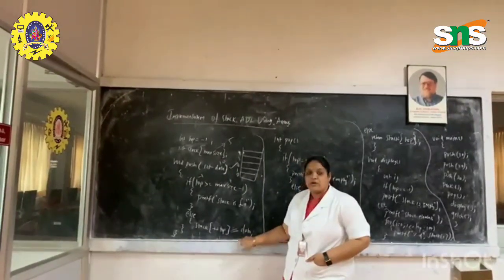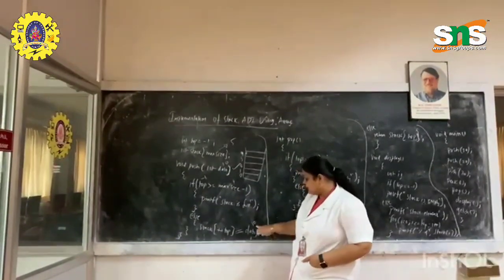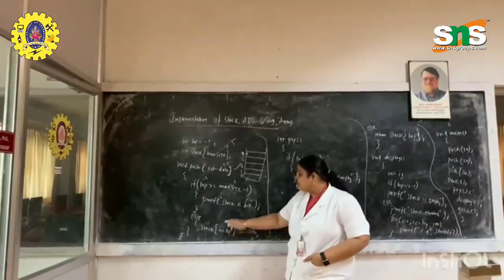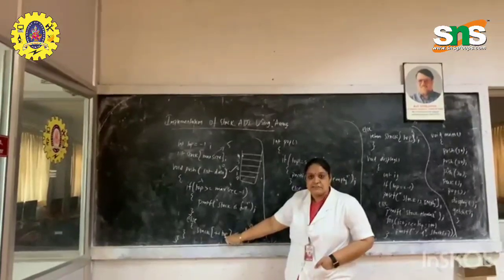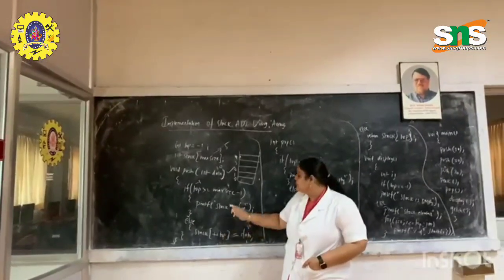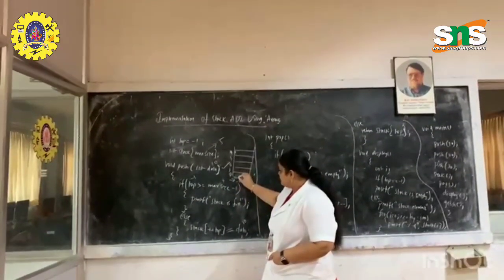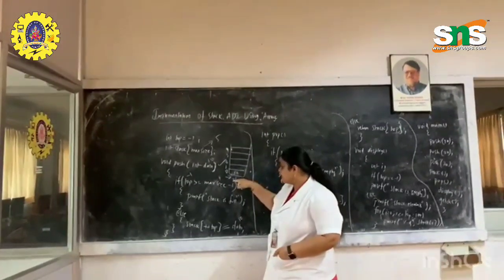In the else part, the data, the current data from push of 10, will be copied to data, and stored at ++top. What is ++top? It is a pre-increment. The top is pointing to -1, so it is incremented by 1.